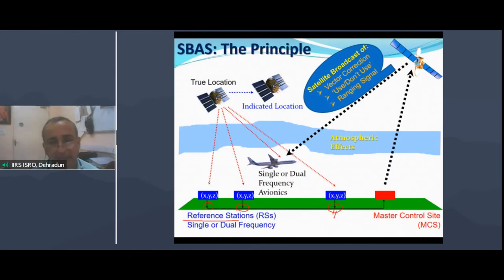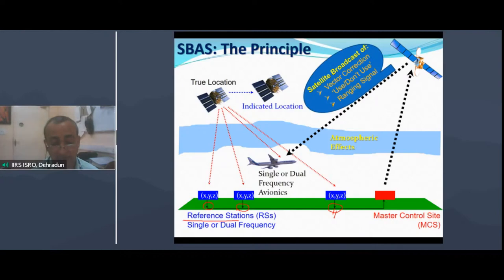That data is compared with the actual coordinates, and once they compare, they can find the error in X, Y and Z. The moment they get the error in X, Y and Z coordinates at a given time, since data is observed every 1 second or every half a second, we get these corrections every half a second.